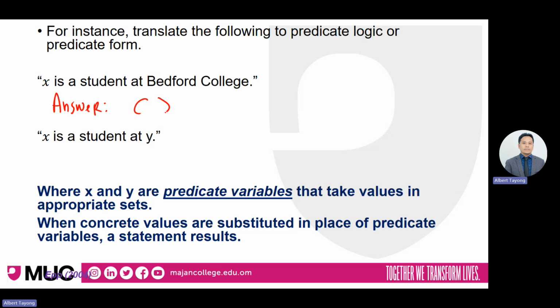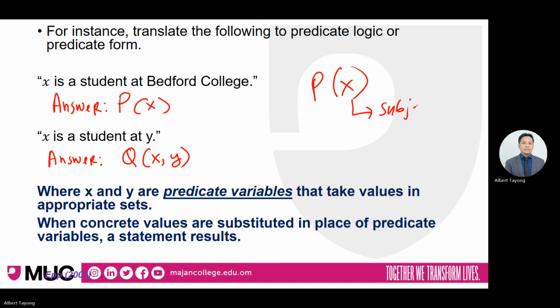Here the answer is X has the property of P. Here the answer is X, Q outside, then Y. So when we have P of X, or X has the property of P, X is the subject, this is the variable, and P is the predicate symbol.